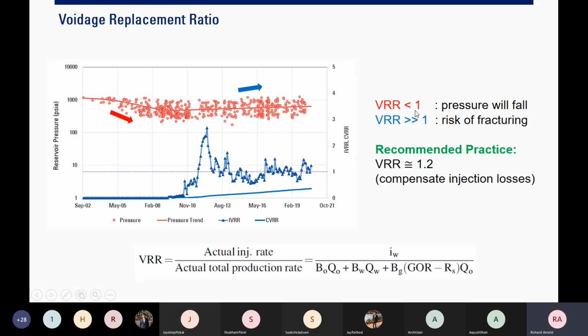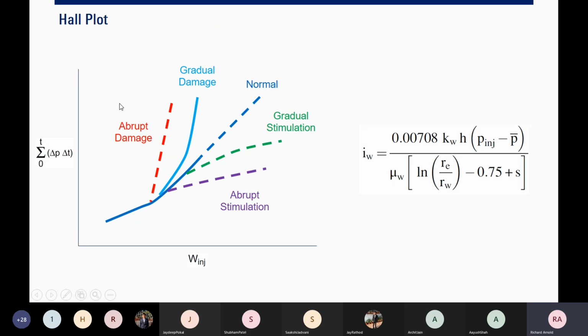But if your VRR is well above 1, it will give you risk of fracturing. Why? Because you inject more than what you actually produce. It will pressurize your reservoir fast, and it turns out to be a fracturing phenomenon. And we don't want that because it will complicate our injection profile.